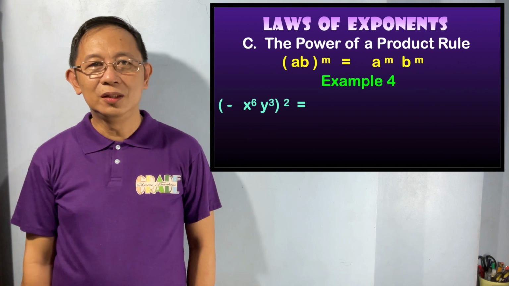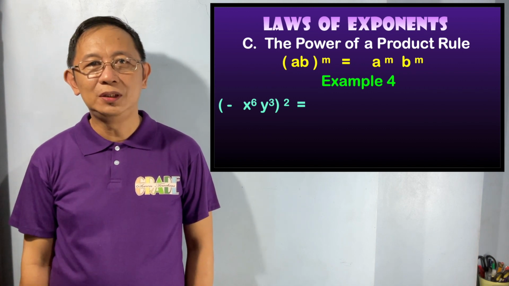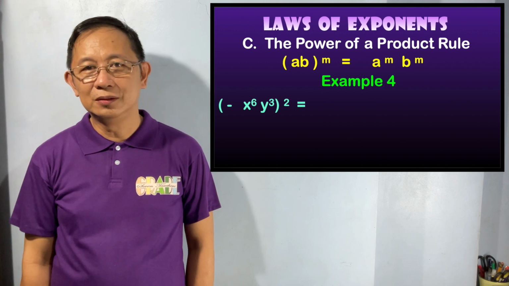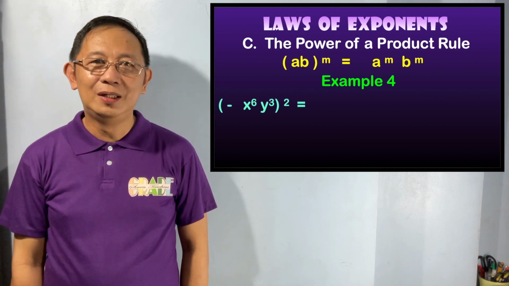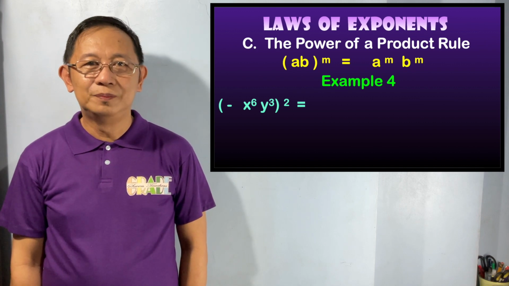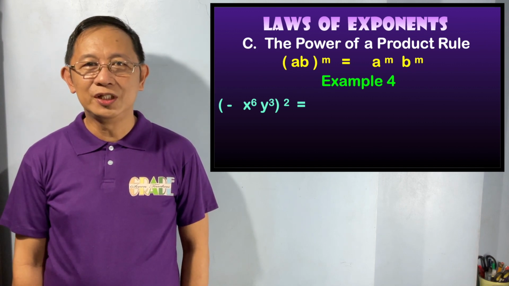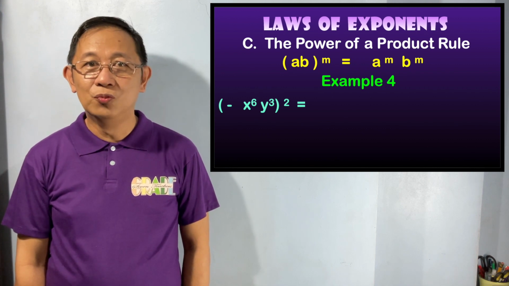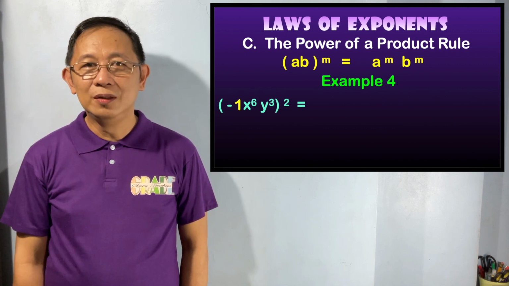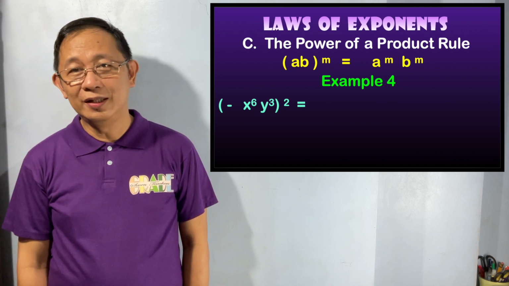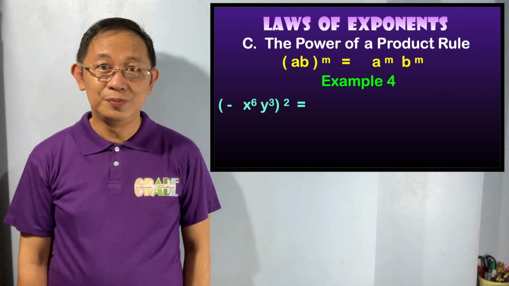Quantity negative x to the 6th power y cubed, squared. Remember that the numerical coefficient of negative x to the 6th power y cubed is negative 1. There is an invisible 1 before x and after the negative sign.